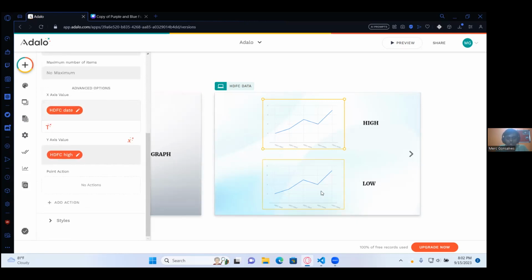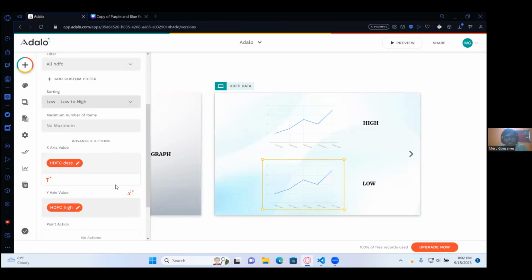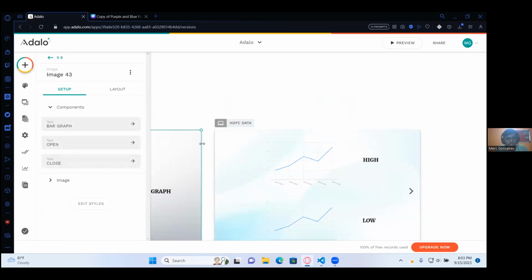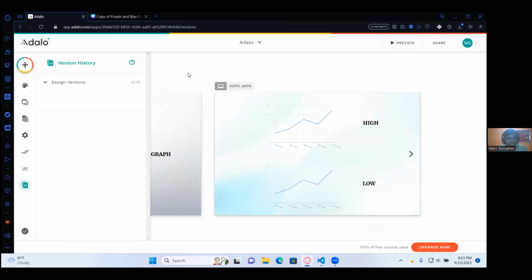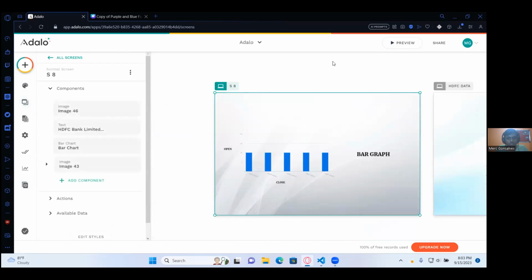Similarly, for the second line chart, I've done it the same way, but this time I'm using the low values. Again we have the date, and then the low values on this. Finally, we have the screen with the bar graph over here.